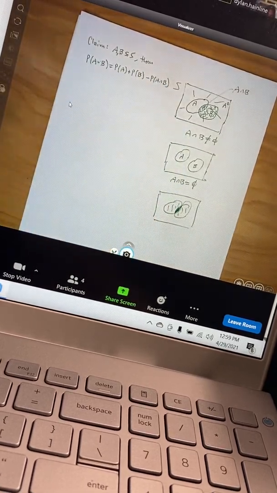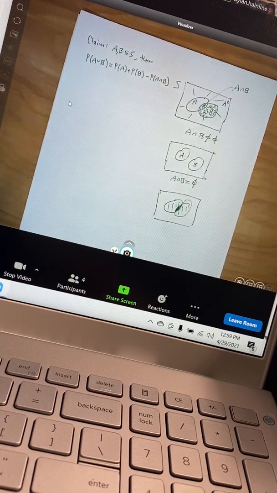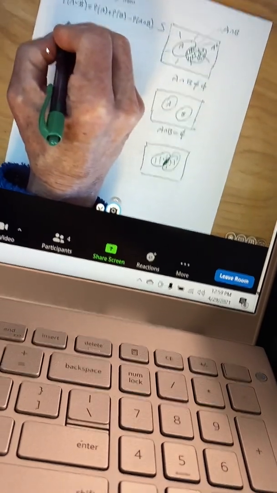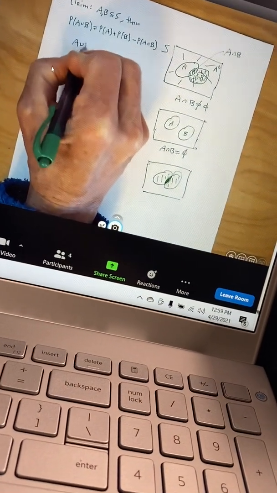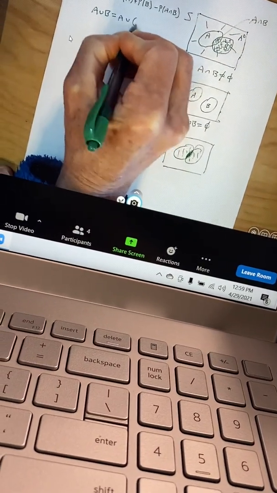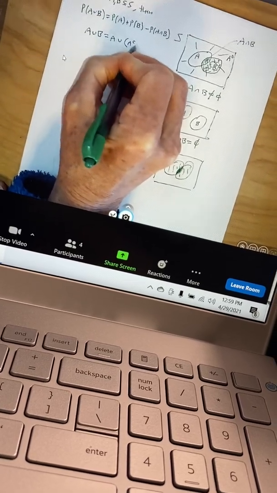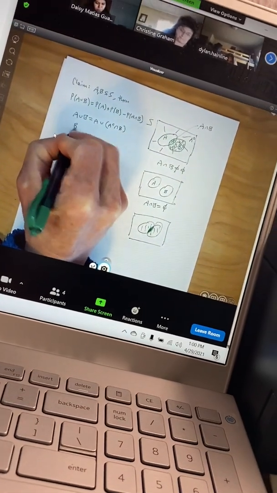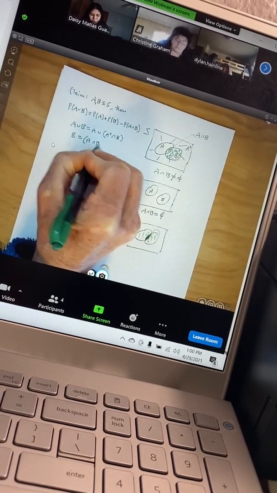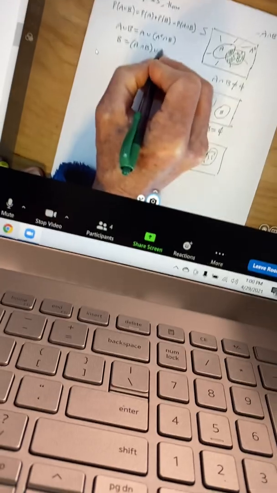So where does A complement come in? When we do the proof, we have this A union B, and we've decided that this is in fact equal to A union (A complement intersect B). And then we've also shown that B is equal to (A intersect B) union (A complement intersect B).